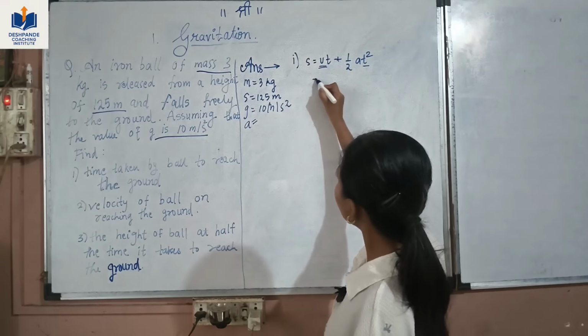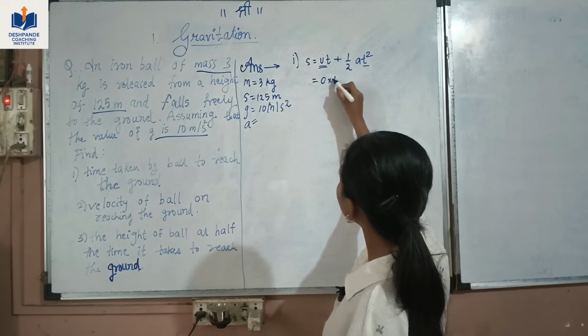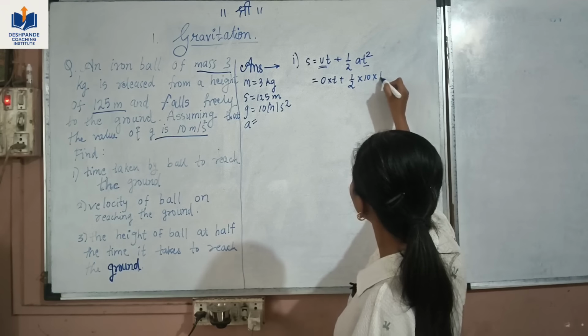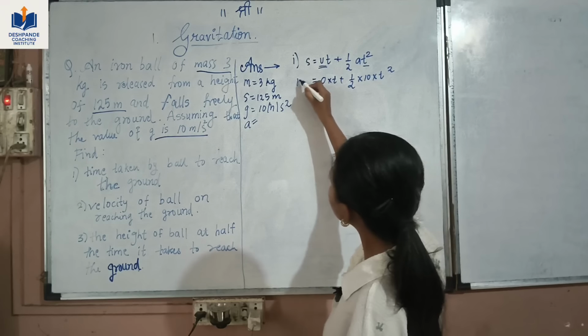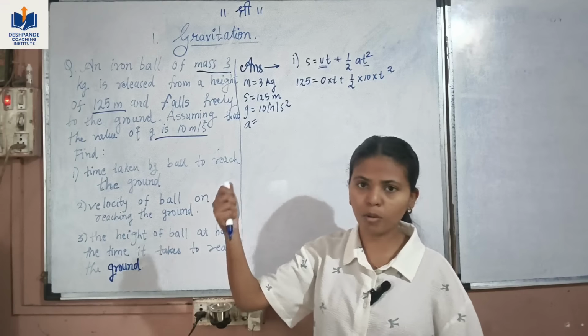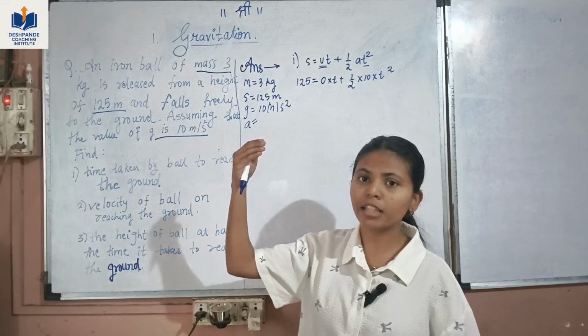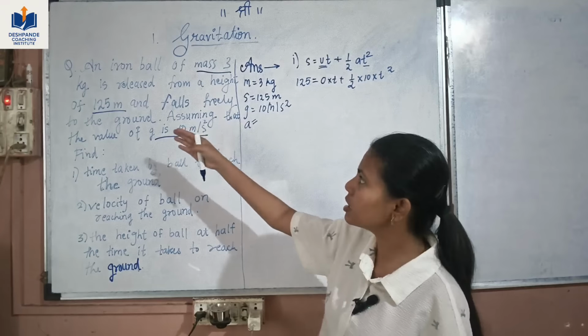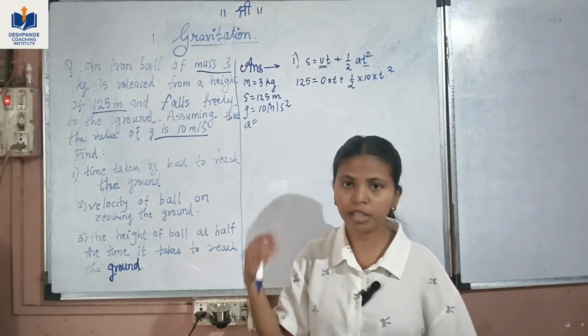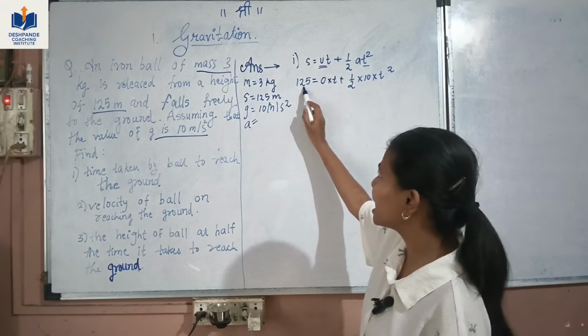So we'll consider u to be 0. If we put the values, 0 into t plus 1 by 2 into 10 into t square, and s is 125. s is the displacement of the ball when it is dropped, and so we consider the height or the distance from which the ball is dropped as displacement s.